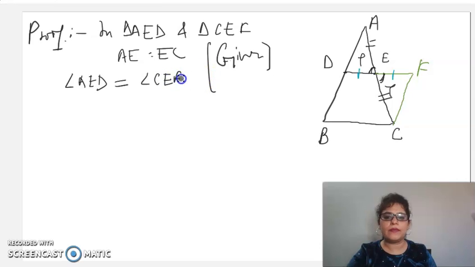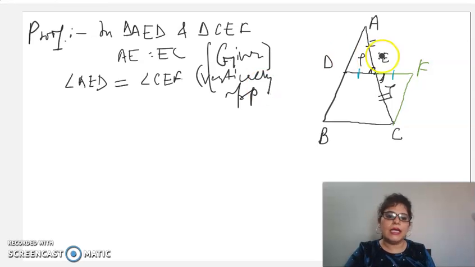Okay? And why is that? Vertically opposite. Alright, that is done. And third, as per our construction, we know that DE is equal to EF. We have constructed it. So DE is equal to EF.